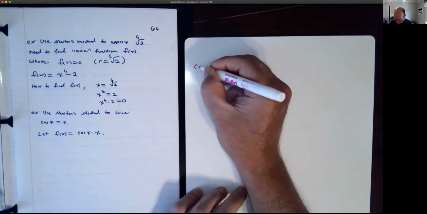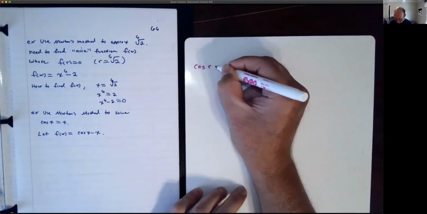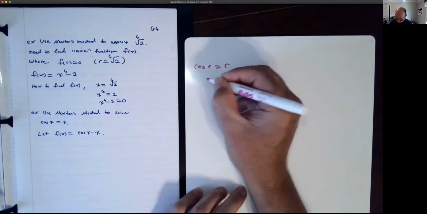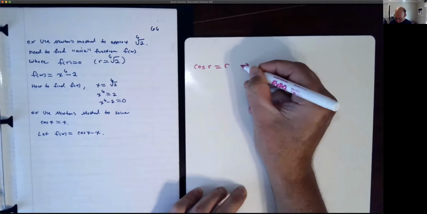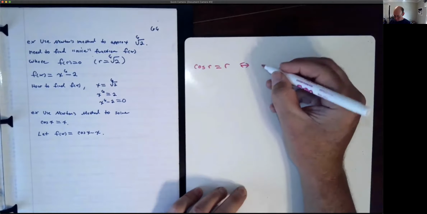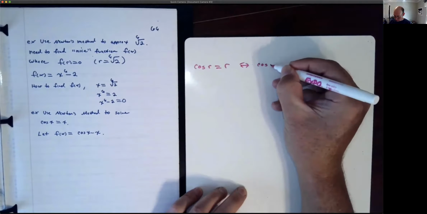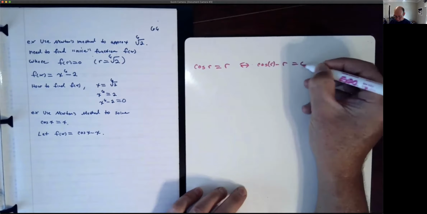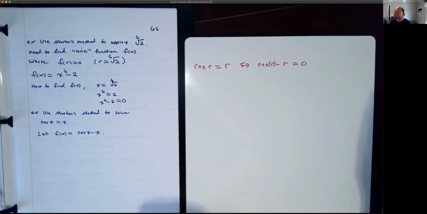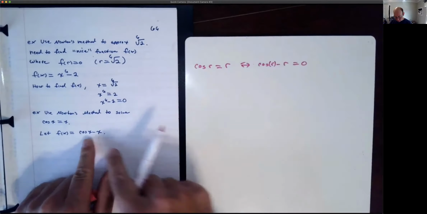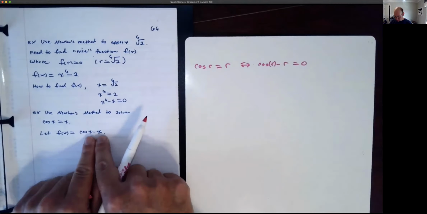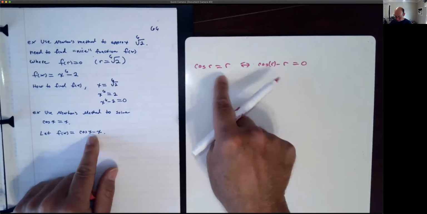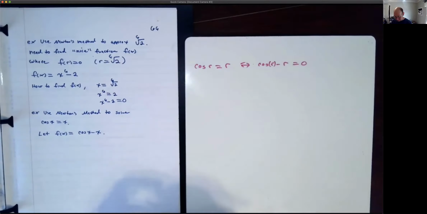See, if cosine of r equals r, then that's the same thing as saying cosine of r minus r is 0. So our missing function is cosine of x minus x, and that will solve the original equation.